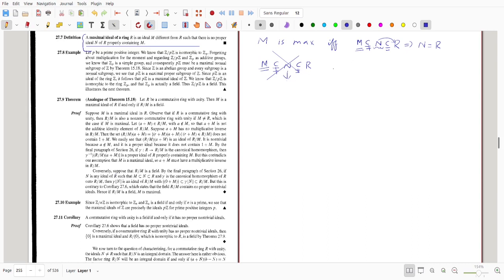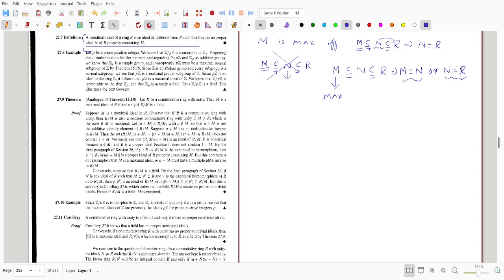That is, whenever we have an ideal n in between m and r, and if m is maximal, you can easily conclude two things: either m is the same as n, or n is the same as r. There are no other possibilities. If m is maximal, then these are the only two possibilities. So this is the definition of maximal ideal.